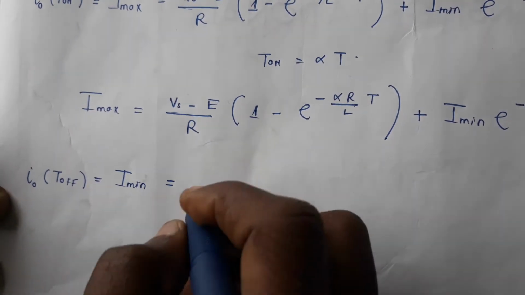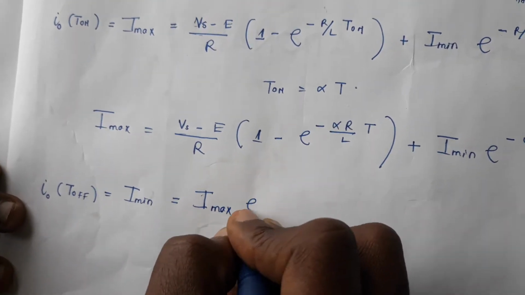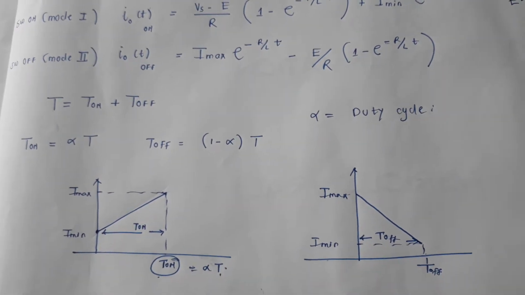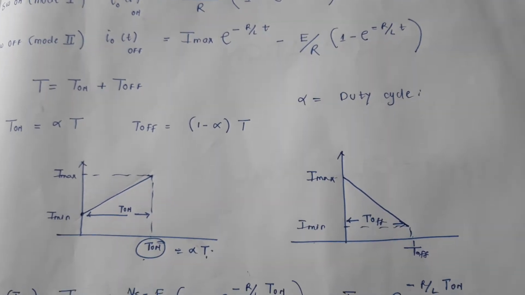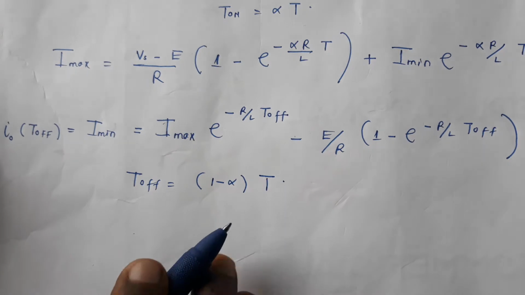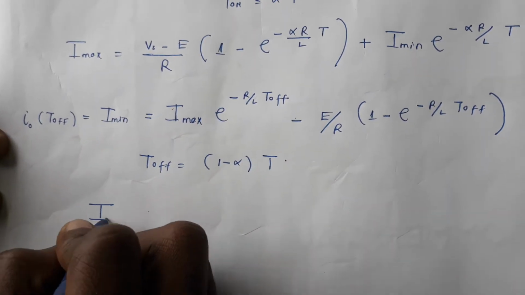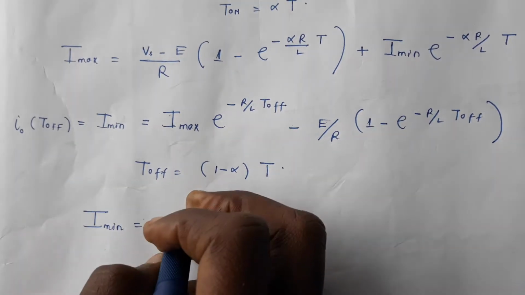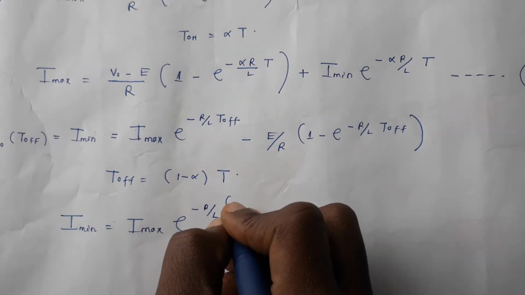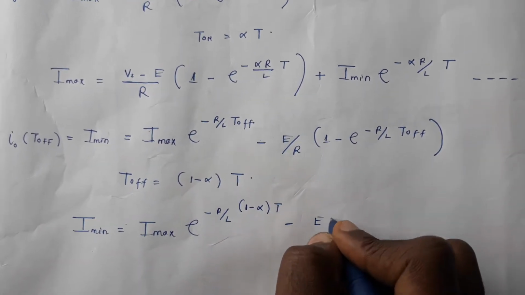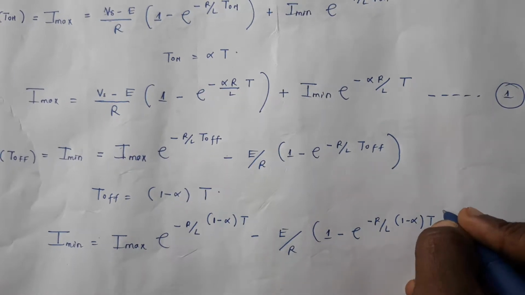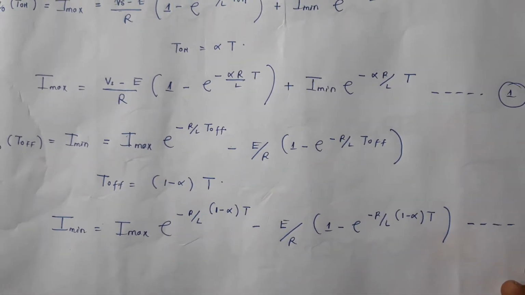So what is the expression for Imin? Imin will be Imax exponential minus R over L T off, minus E over R times 1 minus exponential minus R over L T off, and you can substitute T off equal to 1 minus alpha T. So we have Imin equal to Imax exponential minus R over L 1 minus alpha T, minus E over R times 1 minus exponential minus R over L 1 minus alpha T. I say this is my equation 2.